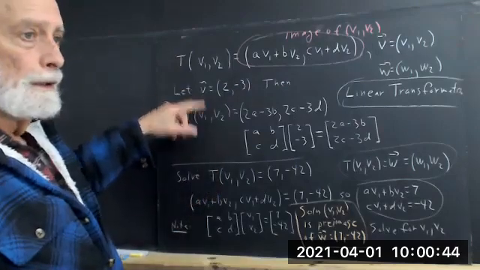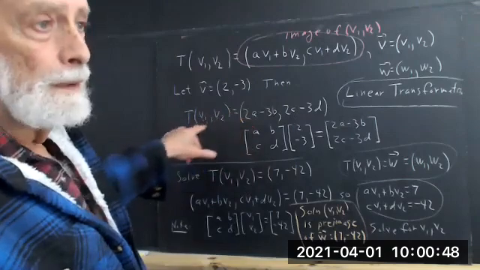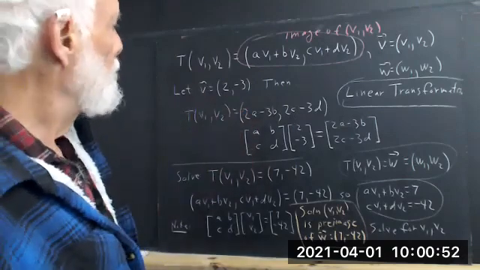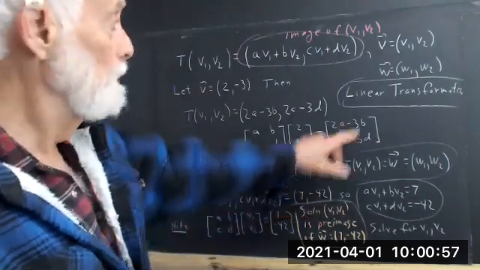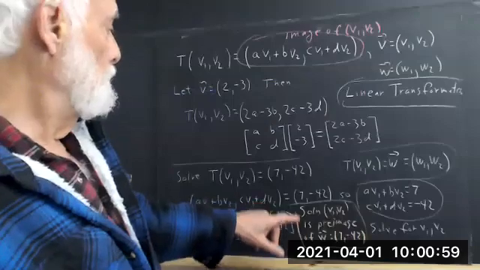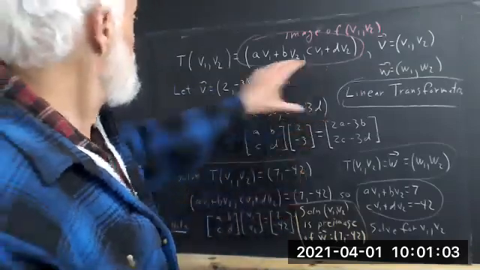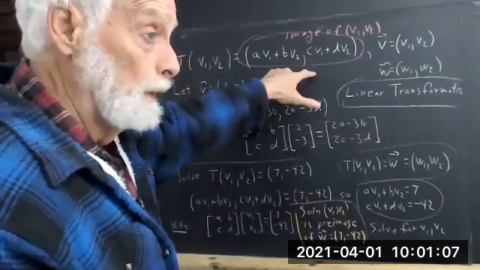We can easily calculate that image either by a matrix or just by doing the arithmetic of the transformation. We can also calculate the preimage of a given vector. We call it W. So we want the preimage of this vector, which is the vector over here that gives us this vector over here.